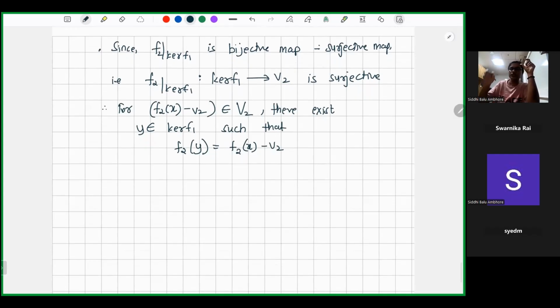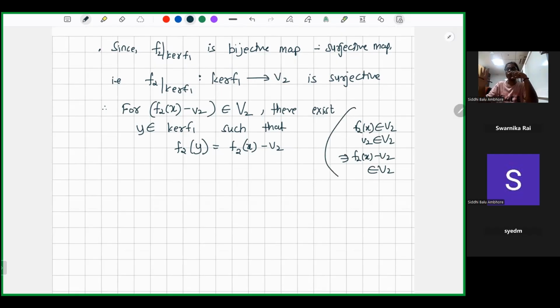So instead of just taking f2 of x and v2, what I did was: f2 of x is in V2 and this small v2 is anyway in V2, therefore f2 of x minus v2 is in V2.